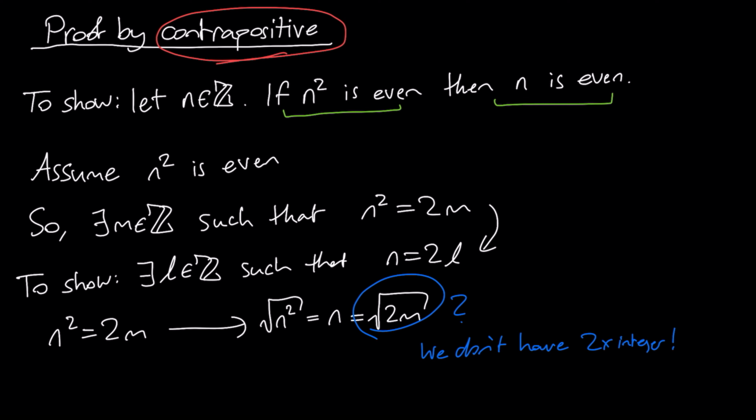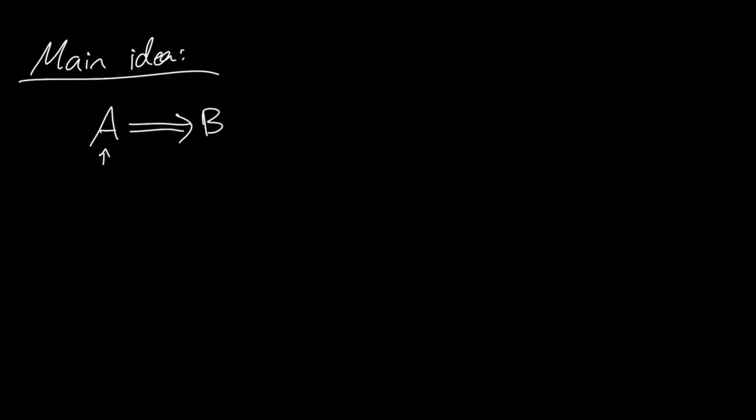So what is a proof by contrapositive? Here is the main idea. If I have some logical statement I'm trying to prove, let's say it's if some condition is true, let's call that A, so if A is true, then B is true.